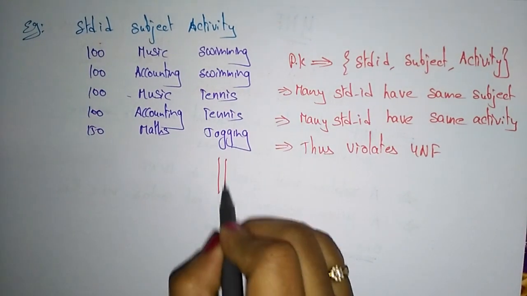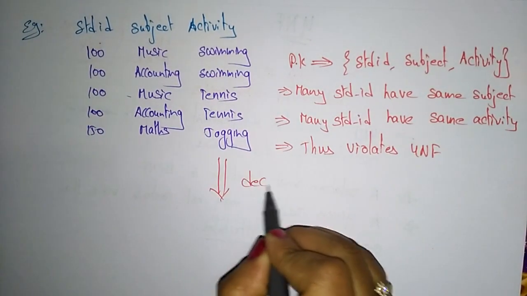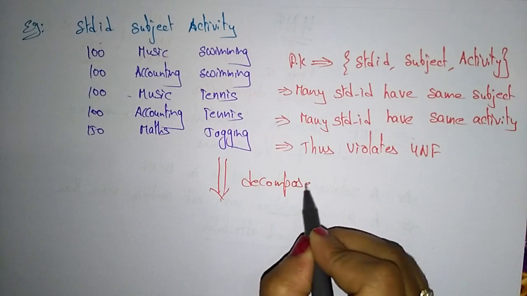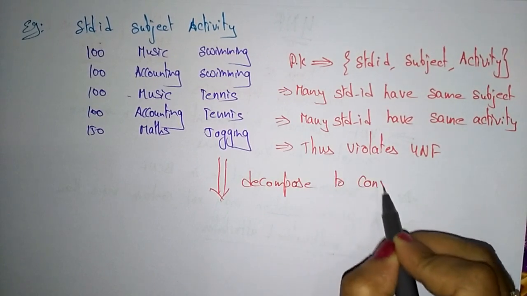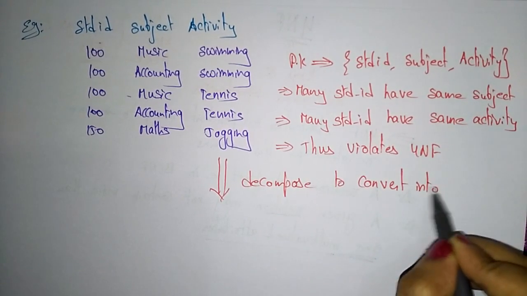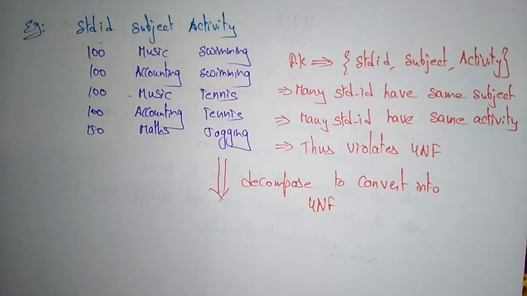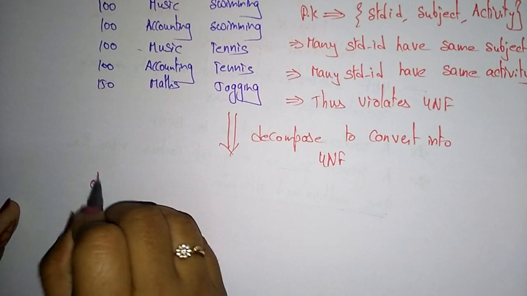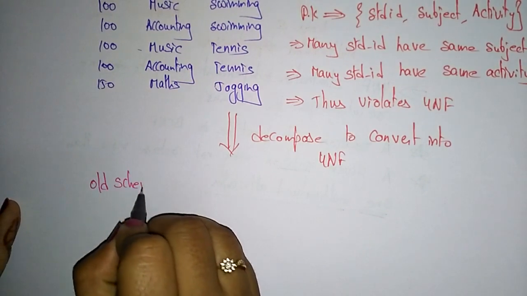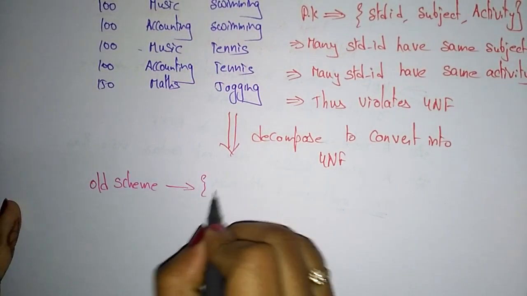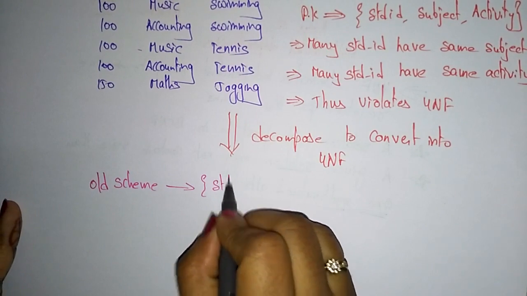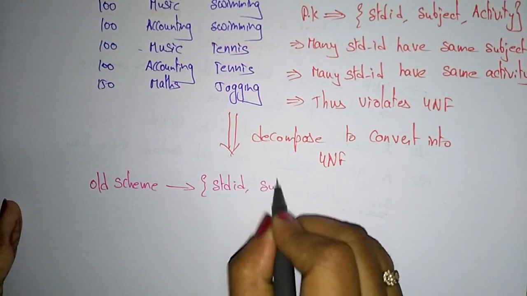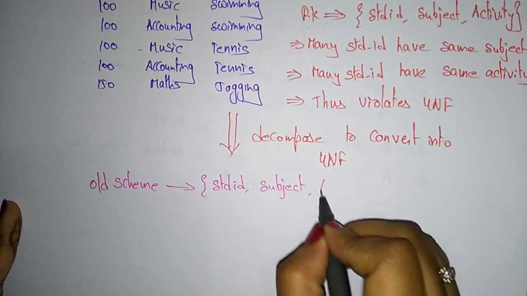Now decompose this table to convert it into 4NF. What is the whole schema of this table? The whole schema is three attributes: student ID, subject, activity.